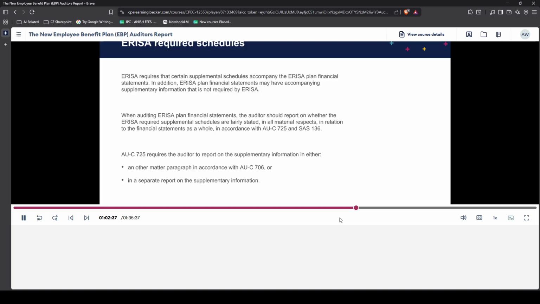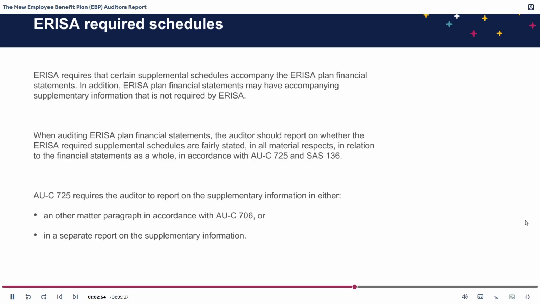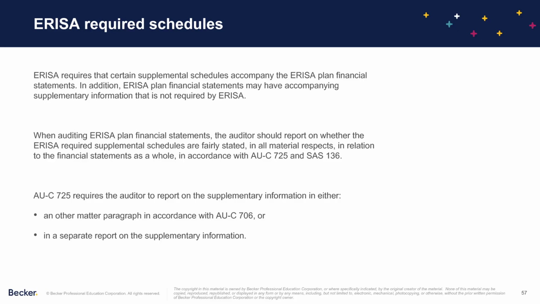If you're auditing the plan, you should report on whether the ERISA required schedules are fairly stated in accordance with SAS 136, that special additional language and additional requirements, and AUC Section 725. It gives you a choice to do it as an other matter paragraph in AUC Section 706, or in a separate report just on the supplementary information.